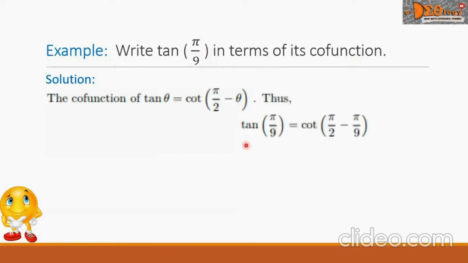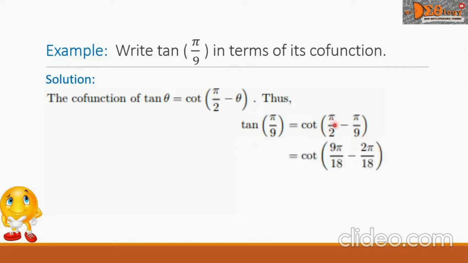Substituting this, we have now tangent pi over 9 equals cotangent of pi over 2 minus pi over 9. Let us now simplify this pi over 2 minus pi over 9. We have here fractions with different denominators. Let us first find the LCD and consider equivalent fractions.